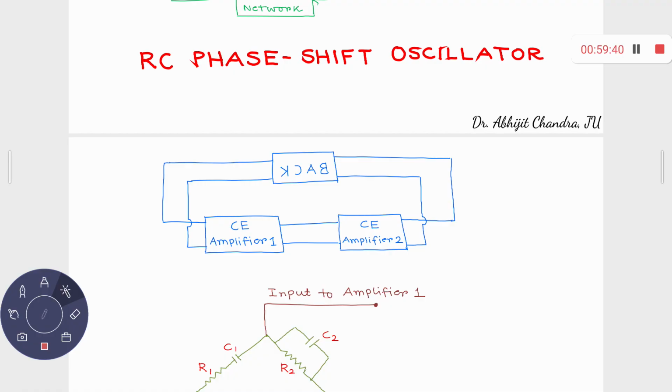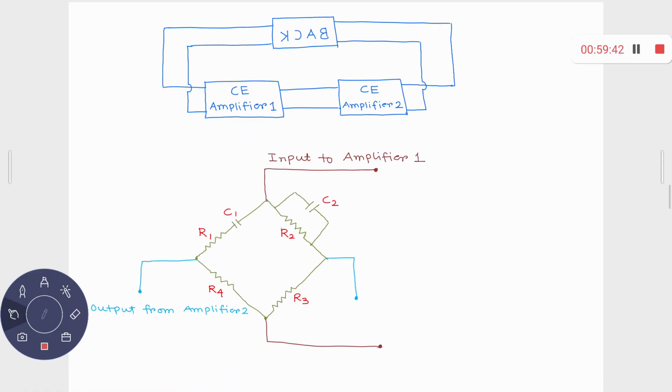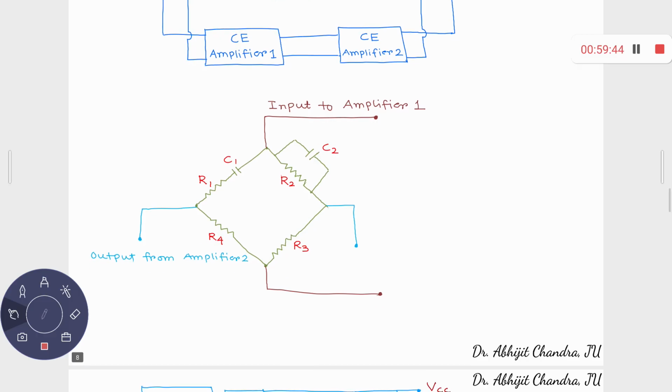And that can be achieved using a bridge circuit like this. You have 4 arms, R1 C1, you have studied the bridge circuit. R2 C2 they are in parallel, R1 C1 in series, R3 R4.